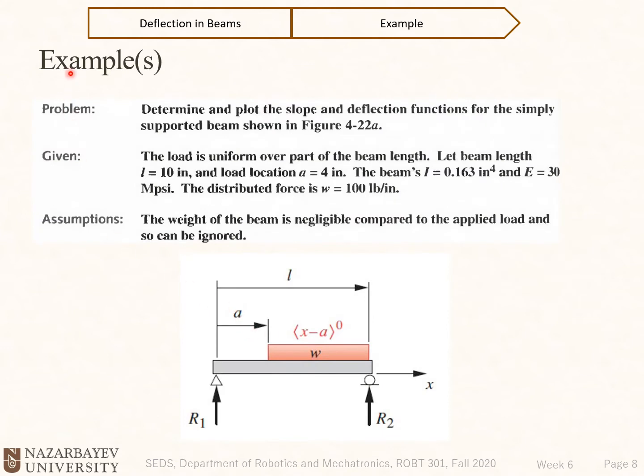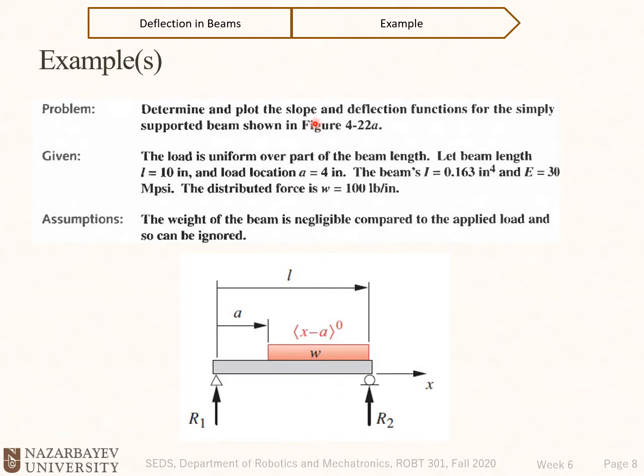Okay, example. What is the problem? Determine and plot the slope and deflection functions for the simply supported beam shown in figure 4.22a. Okay, so this is an example from the book. You could also refer to the book.